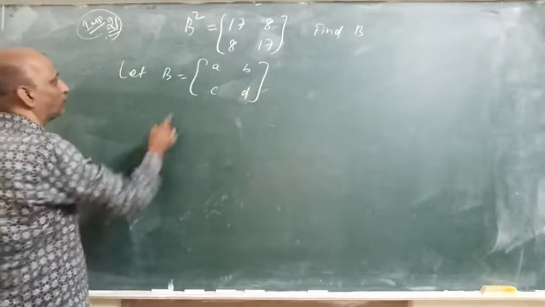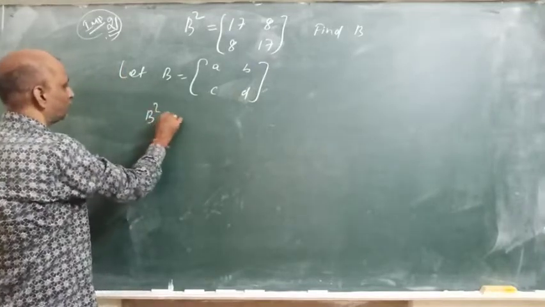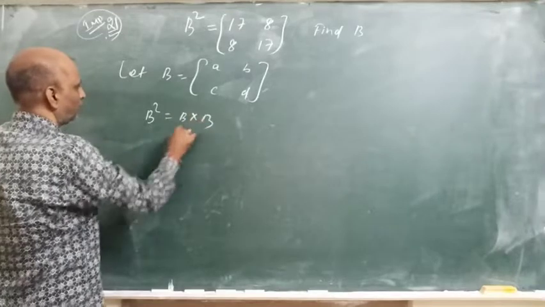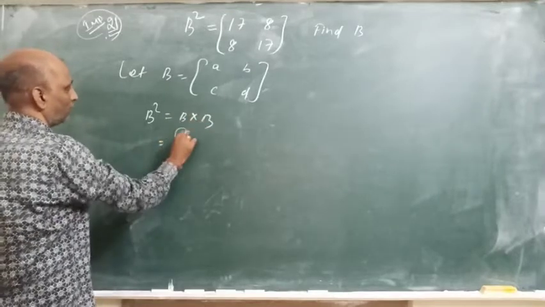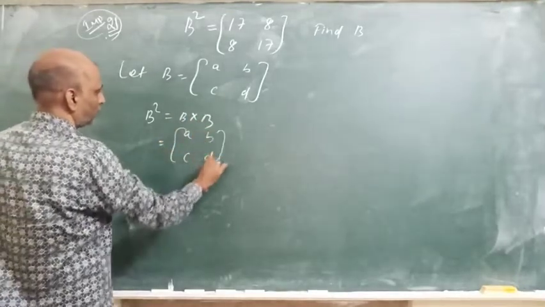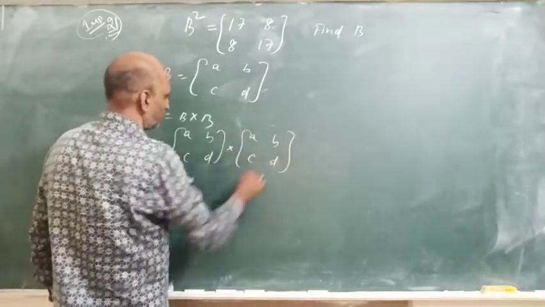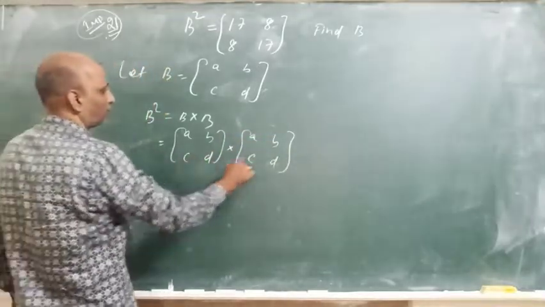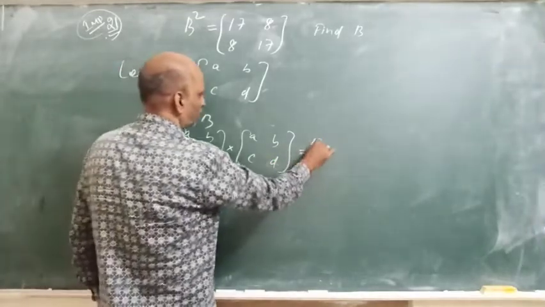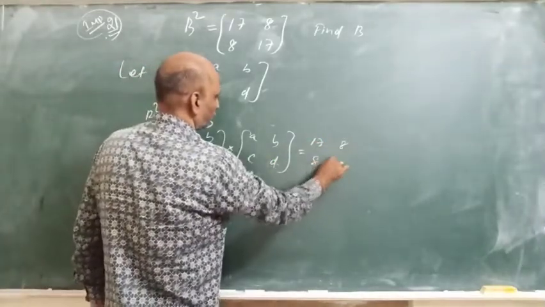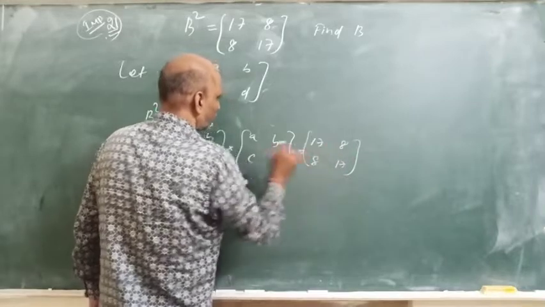Okay, so B squared is equal to B into B, [a b; c d] into [a b; c d]. Now according to the question, this is equal to [17 8; 8 17].